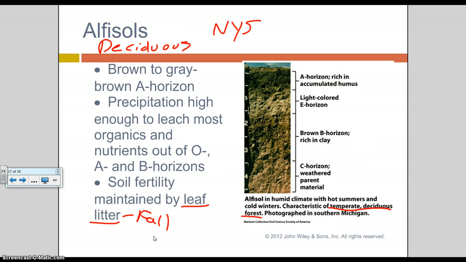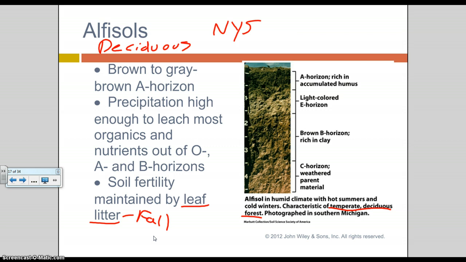Now an alphasol is something you find in New York State, where we live. This is where you have a very thick O horizon because we have fall every single year, where the trees' leaves fall off from the trees and land on the forest floor, and that gives us an accumulation of a plant litter layer, a thick plant litter layer, and so we tend to have a good nutrient-rich A horizon, and a humus layer where we get accumulation of that organic material within the A horizon.